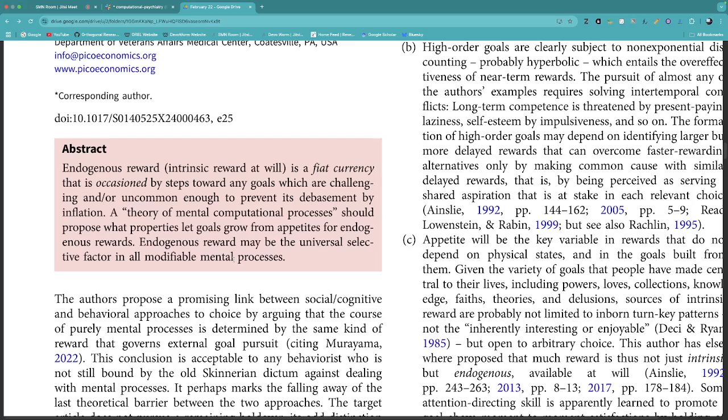A theory of mental computational processes should propose what properties like goals grow from appetites for endogenous rewards, which may be the universal selective factor in all modifiable mental processes.